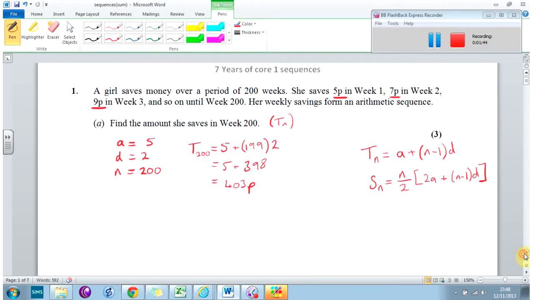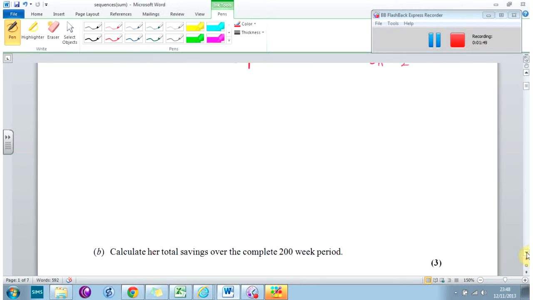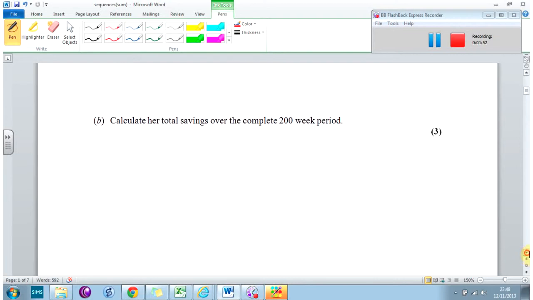Next question is very similar. Calculate her total savings over the complete 200-week period. So remember again, a is equal to 5, d is 2, and n is again 200. Only this time it's total savings, and that means we're going to use the sum formula. So we want the sum of the first 200 terms, and it is n over 2 times 2a plus n minus 1, that's 199, d.